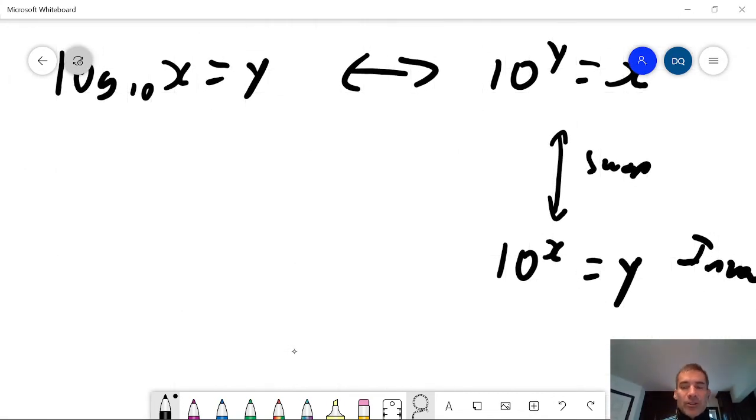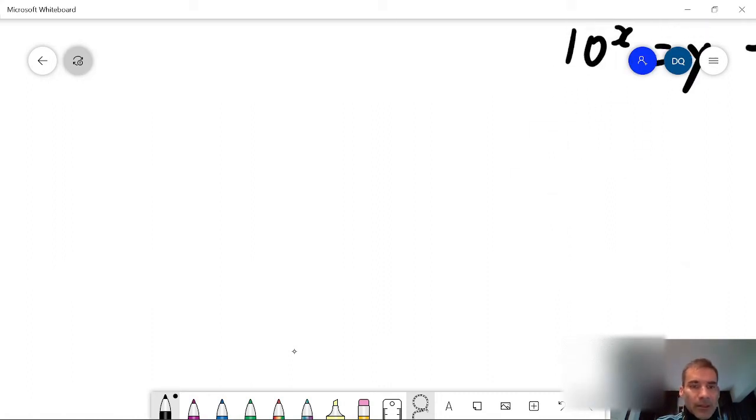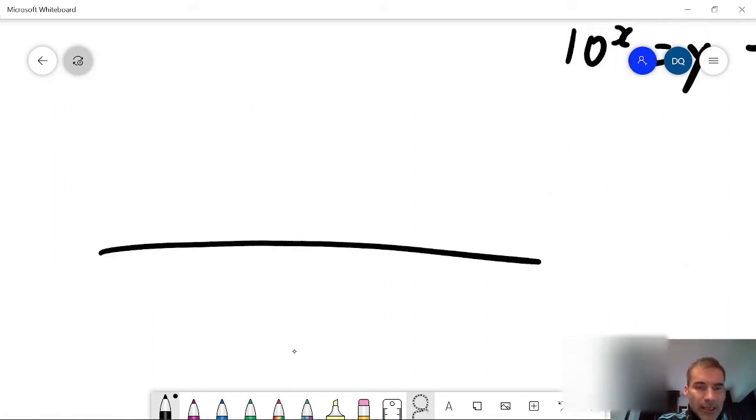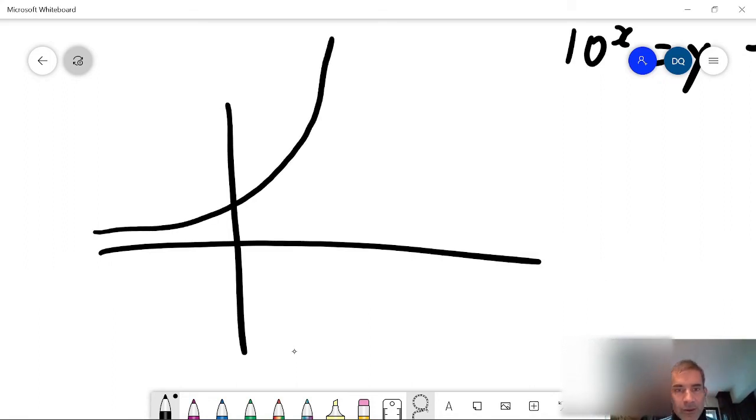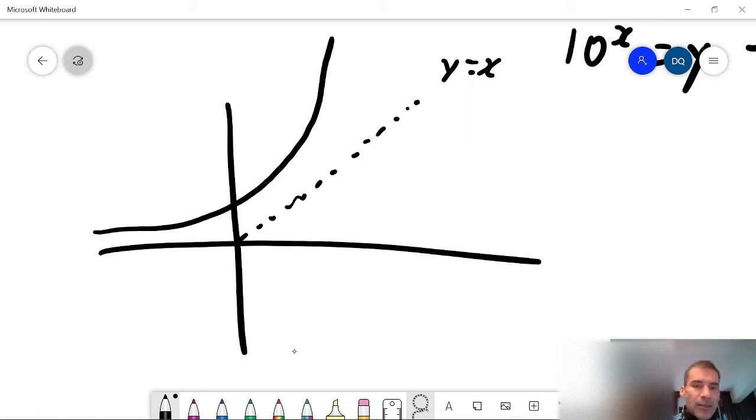An inverse function is a reflection in the y equals x line. So if I was to take 10 to the x, which looks like this, so that's 10 to the x, and I was to draw a line here where y is equal to x, the mirror reflection in that line is going to be down.